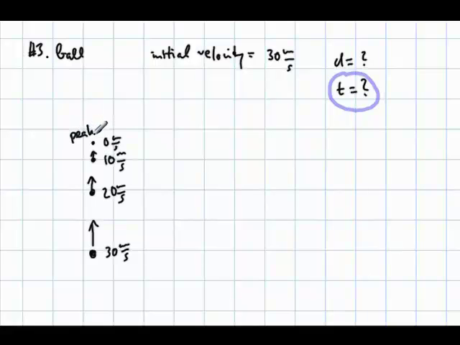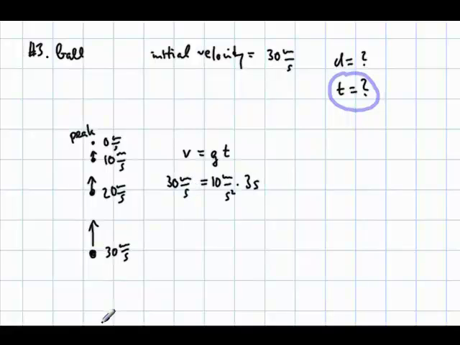so I call this here the peak. Now putting that into an equation would be that v, the velocity, equals gravity times time, and on the way down it would do the same thing, 0, 10, 20, 30. So on the way down it would be 10 meters per second squared times 3 seconds equals 30 meters per second.